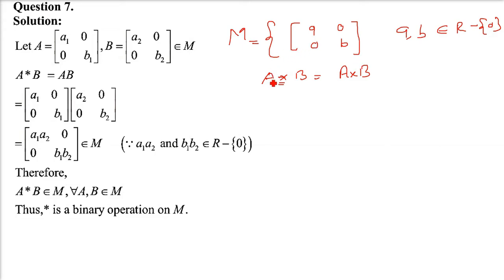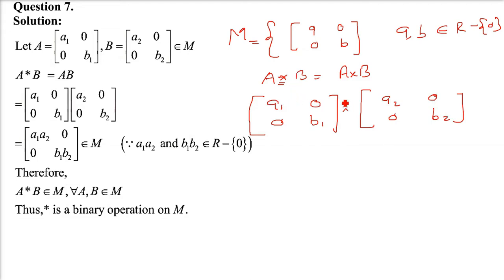I'll be giving you a very naive kind of solution. See, A into B. So let us take A. A has to be taken from this set M only, right? This is [a 0; 0 b]. I'm taking [a1 0; 0 b1]. Then you have the B, so you are multiplying it basically. What is B here? B is [a2 0; 0 b2].